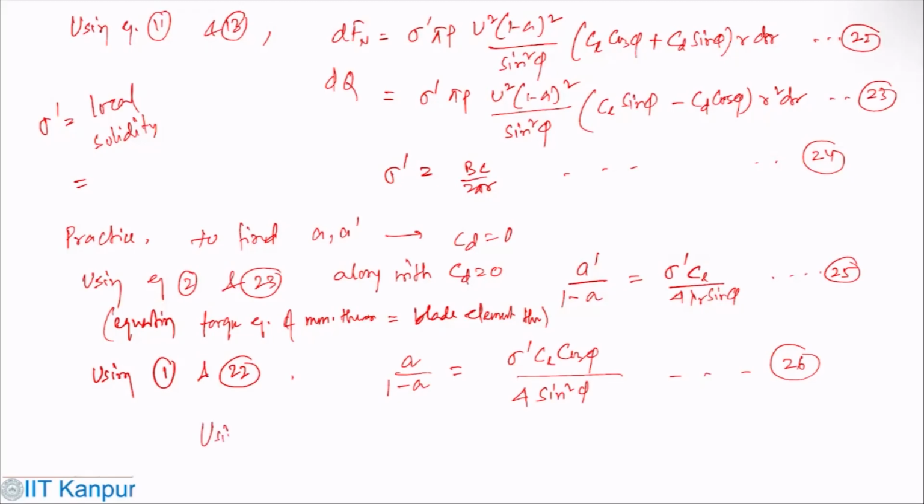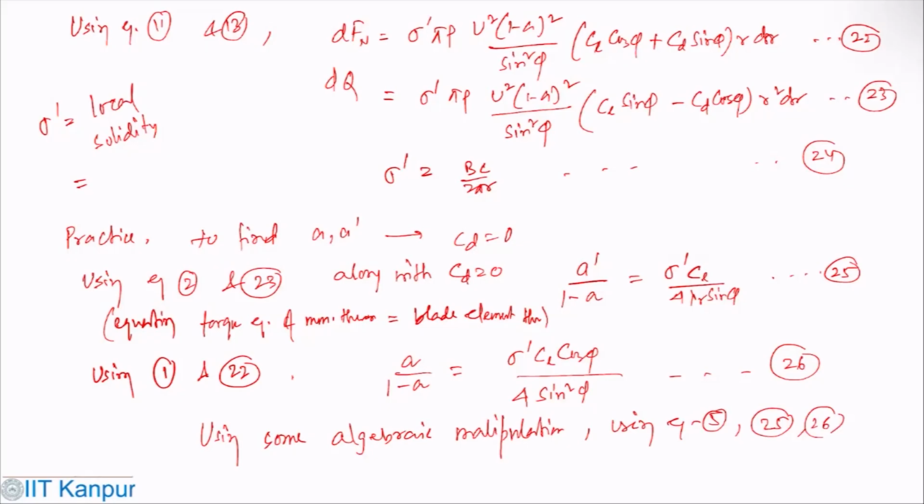Now you can do some algebraic manipulation using equation 5, which refers to your a prime, phi, lambda. So using some algebraic manipulation and equations 5, 25 and 26, you get CL equals 4 sin phi (cos phi minus lambda r sin phi) by sigma prime (sin phi plus lambda r cos phi).